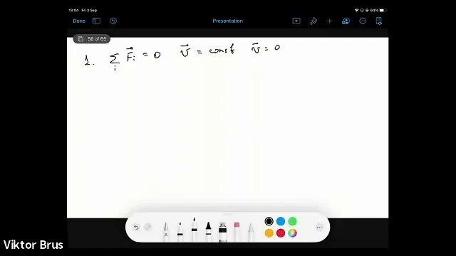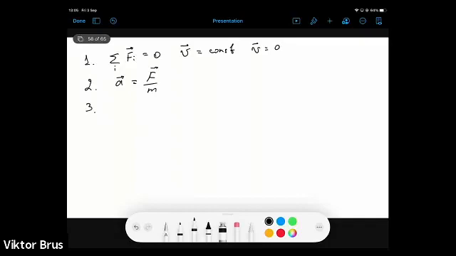So this is the first law of motion. The second is defined as acceleration equal to the net force divided by the mass, which is inertial mass, not gravitational, but they are equal to each other.